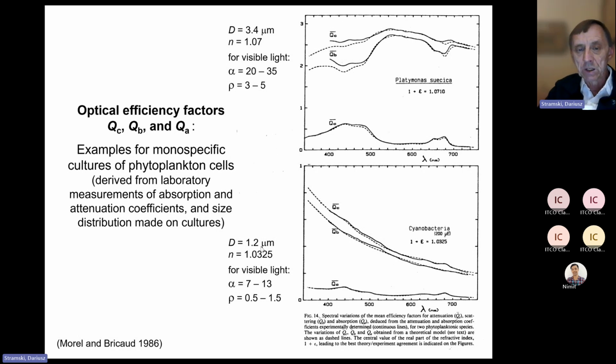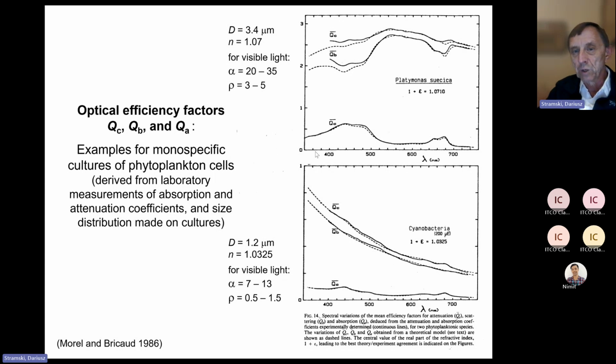Now, if we look at the efficiency factors for cyanobacteria that are about 1.2 micron in size, again, you can calculate for a realistic refractive index the range of alpha, and this range of alpha, which I show in rho, encompasses the range of these wavelengths. So the wavelength is driving the change in alpha here, from 20 to 35, or rho from 3 to 5.